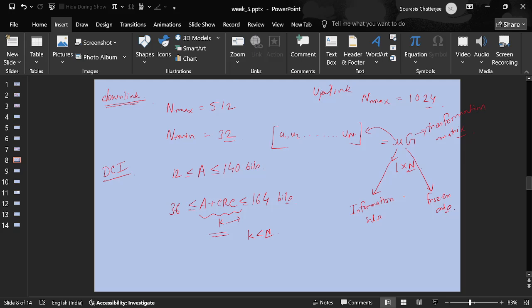And how do you make the choice, by the way, about the information set and the frozen set? That's based on the reliability pattern, right? You have n virtualized channels where some of them are good and some of them are bad.